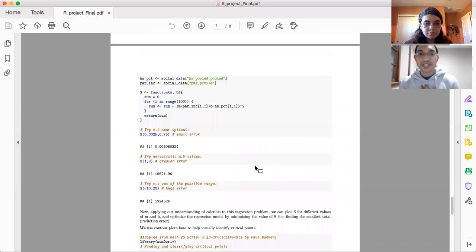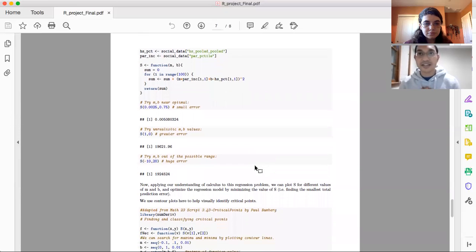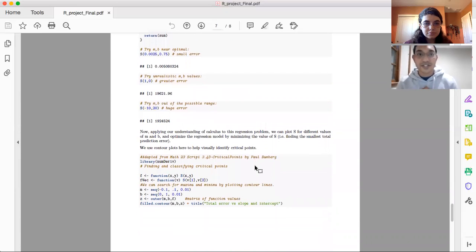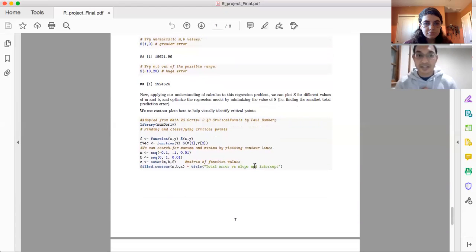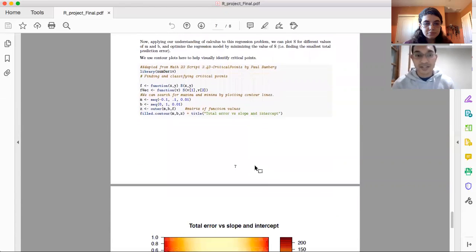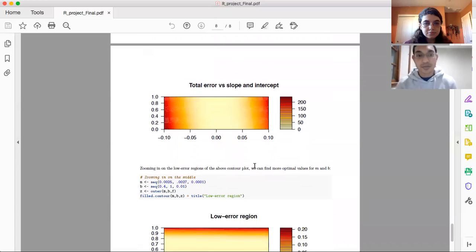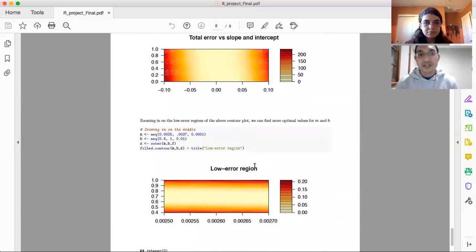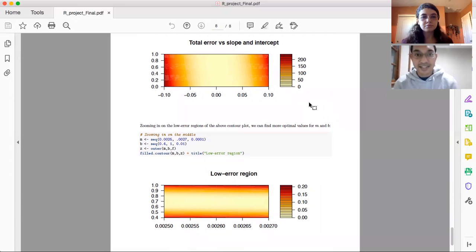So if you create a multivariate contour plot of the amount of error versus the variables m and b, as we've done below on the next page, you will see that the yellow here is lower values of error, and red shading on the contour plot indicates high total error.